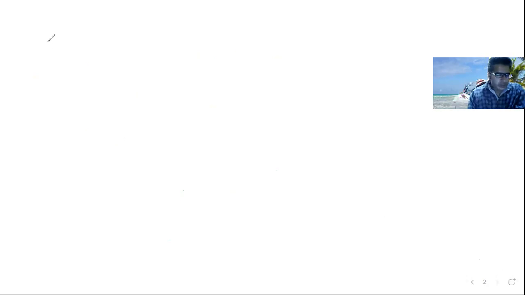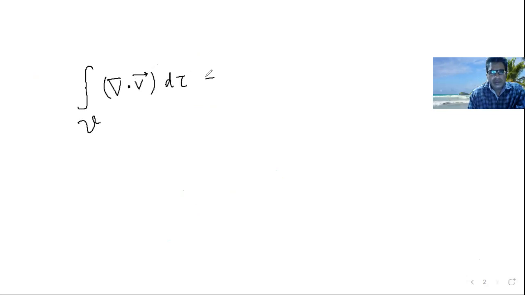So I have the divergence of some vector field V, then I multiply it with some infinitesimal volume element, then I integrate it over some volume nu. Now the theorem says that this volume integral is equal to the surface integral.